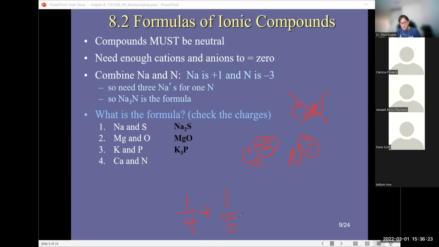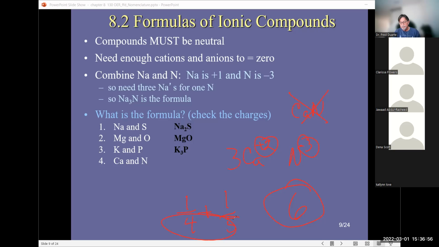Normally in this scenario, for simple fractions, I can simply multiply the denominators, and I got my common denominator, right? Well, same scenario here. My common factor between the +2 and the -3 is 6, is what I meant to say. That's my common factor. So I need to add enough calciums to give me a +6.